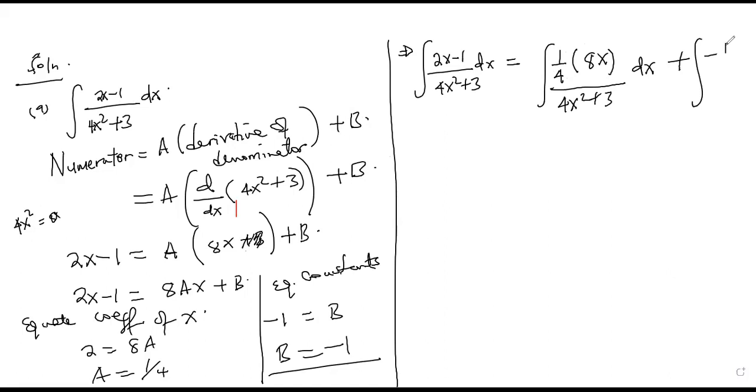So we say the integral of -1 over 4x squared plus 3 dx. That is what we are having.